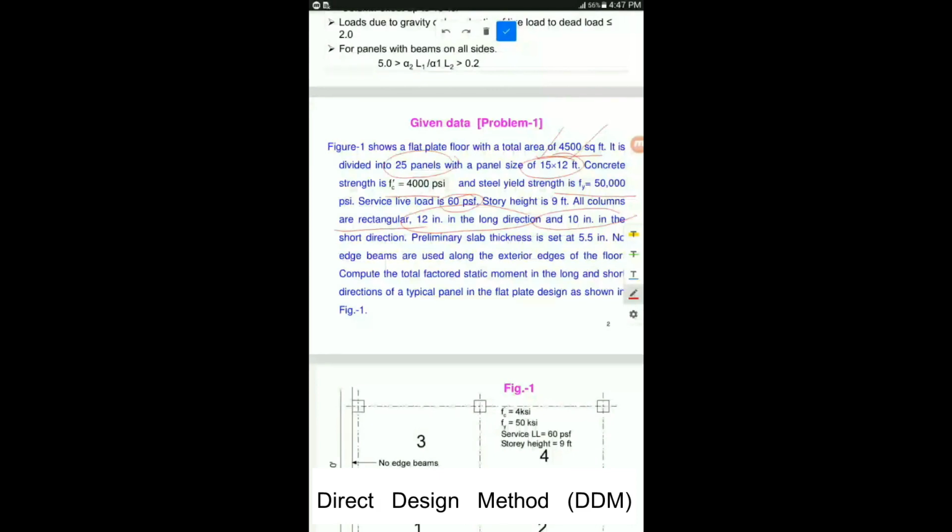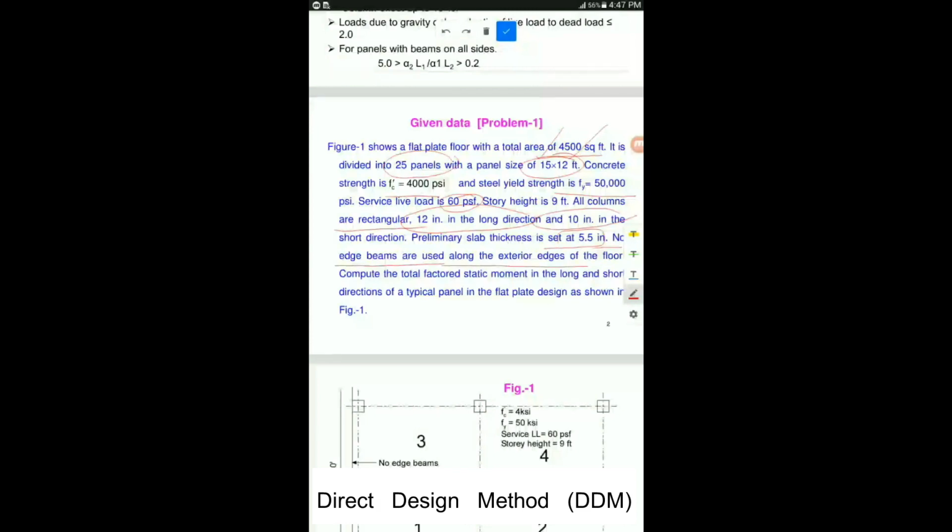Primary slab thickness is set as 5.5 inches. It is different from the previous example which we covered for conventional slab beam systems, but we will do the same steps here. We are going to check the provided slab thickness of 5.5 inches against the code provisions. It is also given that no edge beams are used along the exterior edges.